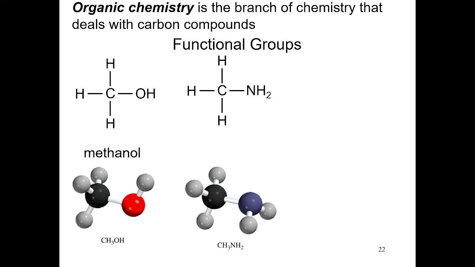As you may see here, these compounds actually look somehow the same. They both have the CH3 group, and they only differ in this branch of the compound. For the first part, we have the OH, and here we have the amine.